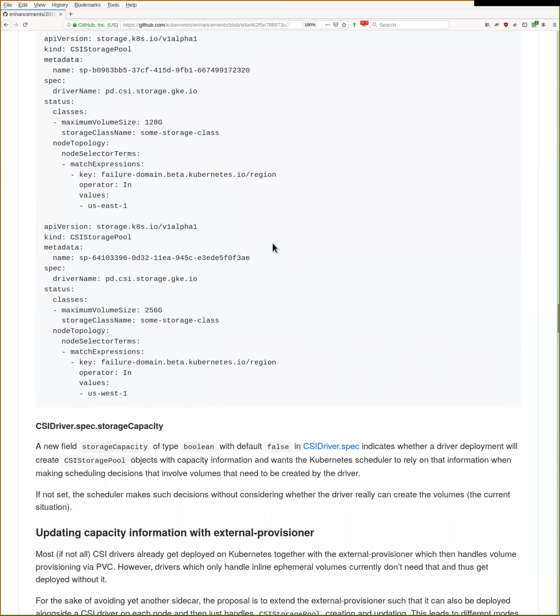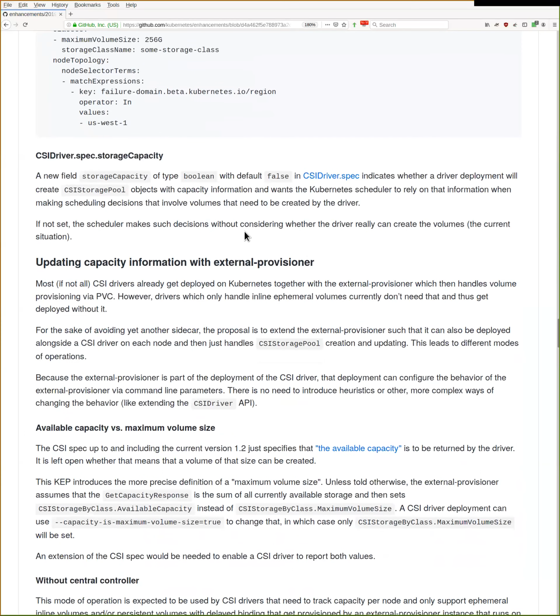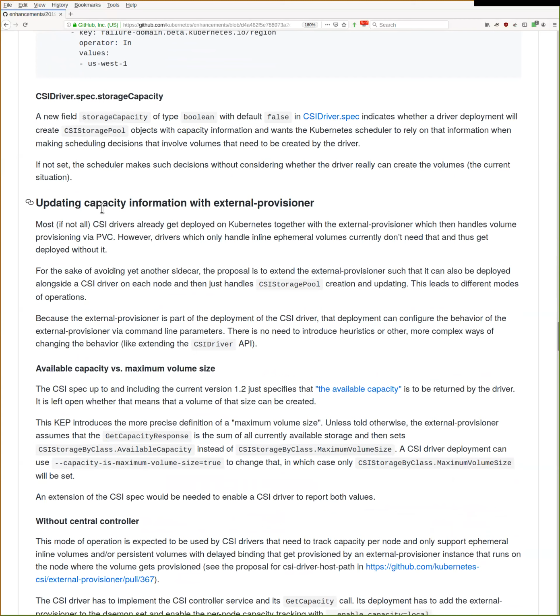And I think I do have some discussion further down the cap. The updating of the capacity information can be done at the moment by external provisioner for volumes that are local, for storage that is local to a node, without changing the CSI spec. We have discussed how to do that with network attached storage, but the problem then is that there's no good interface to discover actually what get capacity call parameters are needed to retrieve available capacity.